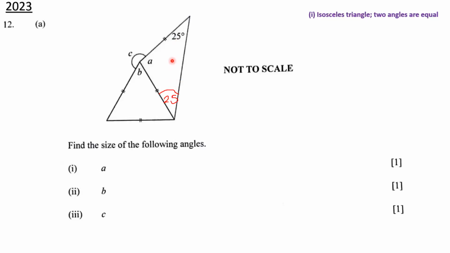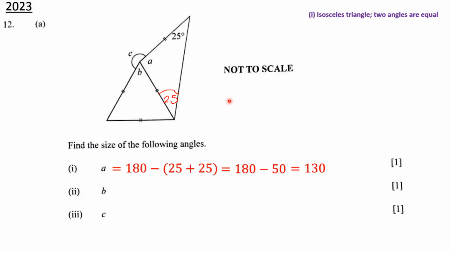We also know that the sum of the interior angles in a triangle is equal to 180 degrees. So 25 plus 25 plus A, if we add them all together, should give us 180 degrees. In order to find A, we add up 25 and 25, which gives us 50, and we subtract 50 from 180. 180 minus 50 gives us 130 degrees.